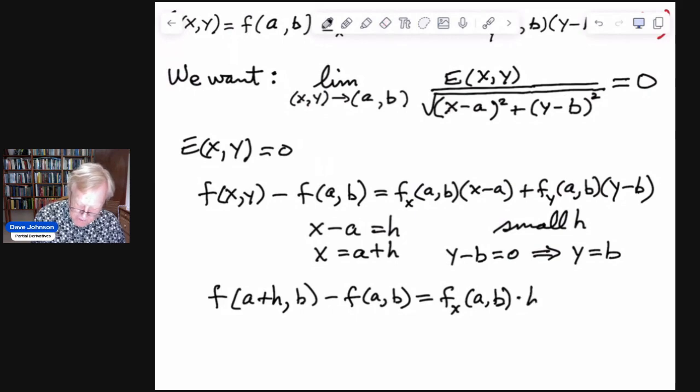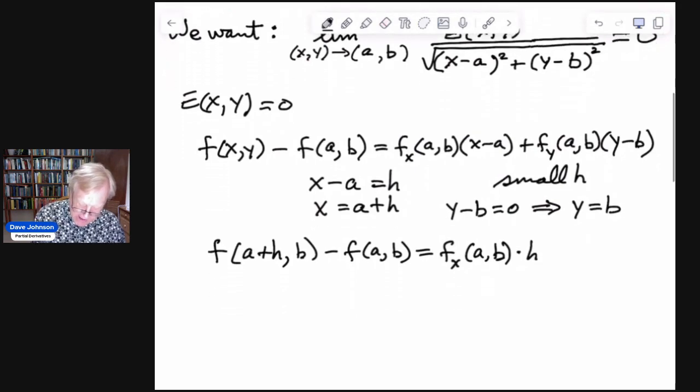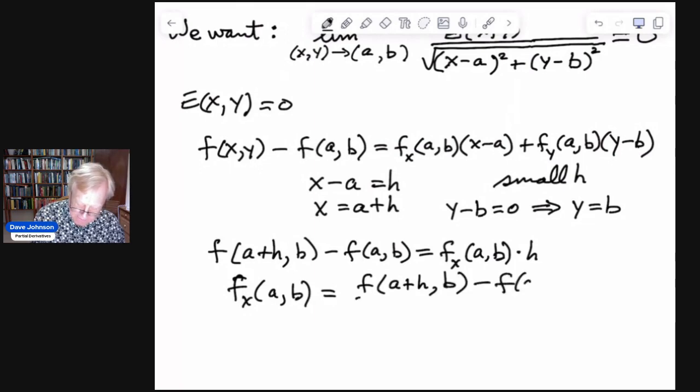So times h. Now solve for f sub x evaluated at a comma b, and that's equal to f of a plus h comma b minus f of a comma b, all divided by h.